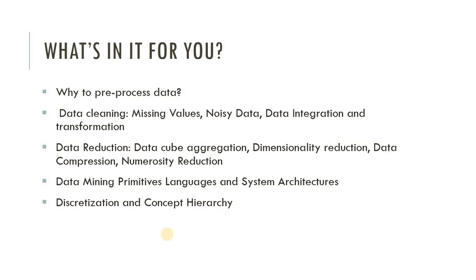In numerosity reduction, we also learned 3 major techniques: clustering, histogram, and sampling. Then we learned data discretization and hierarchies, and data mining task primitives. From the next lecture, we'll start chapter number 5.